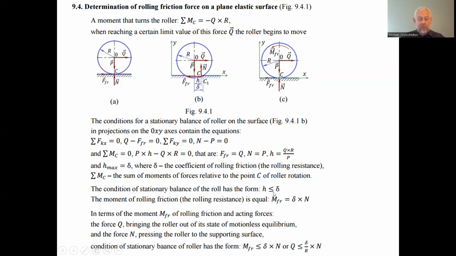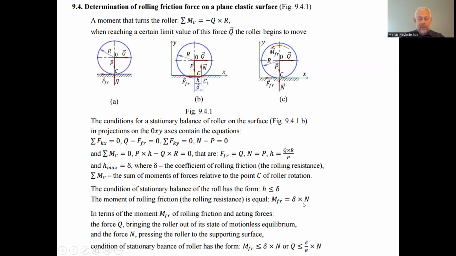Delta is the coefficient of the maximal arm of the shifting of the forces, in the action of the support force and the weight or other external forces, the vertical component onto the roller. The maximal magnitude of the arm, which is the consequence of the deformation of the material of the support and the roller, is equal to delta. Delta at the same time is a coefficient.